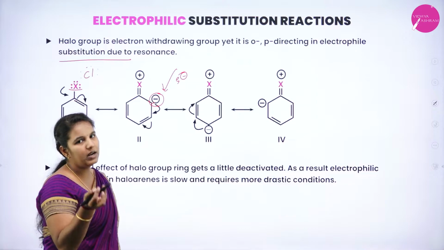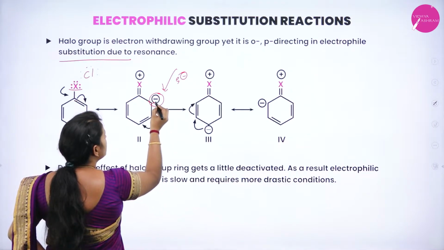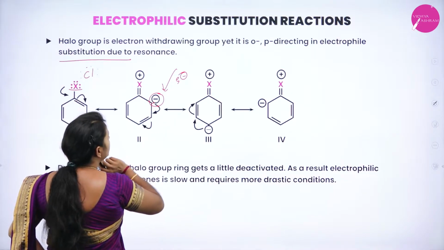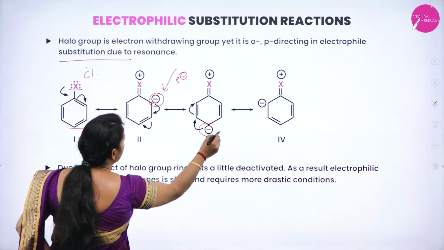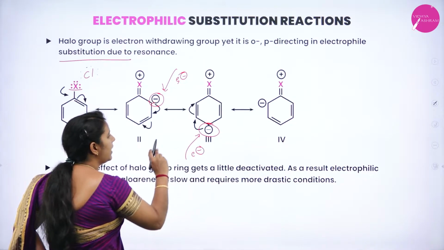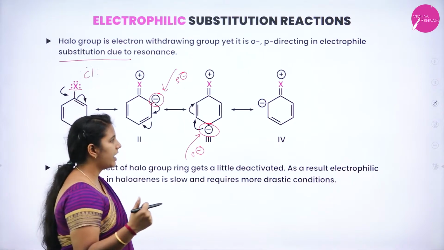the ortho substituted product. Again, this is unstable, so the charge will be moved back, and the double bond will move towards this, which shows that at the para position also the electrophile can easily attack, thereby forming an electrophilic substitution product.